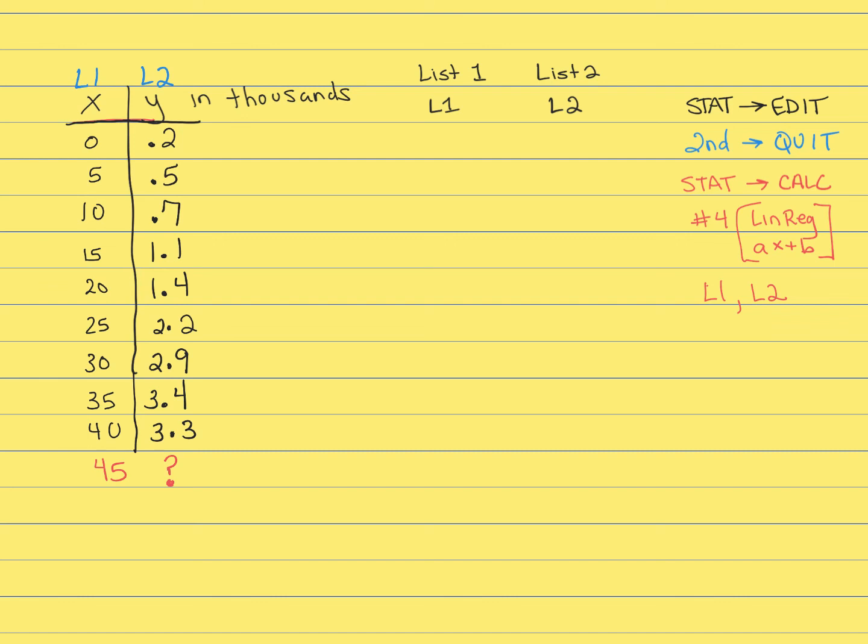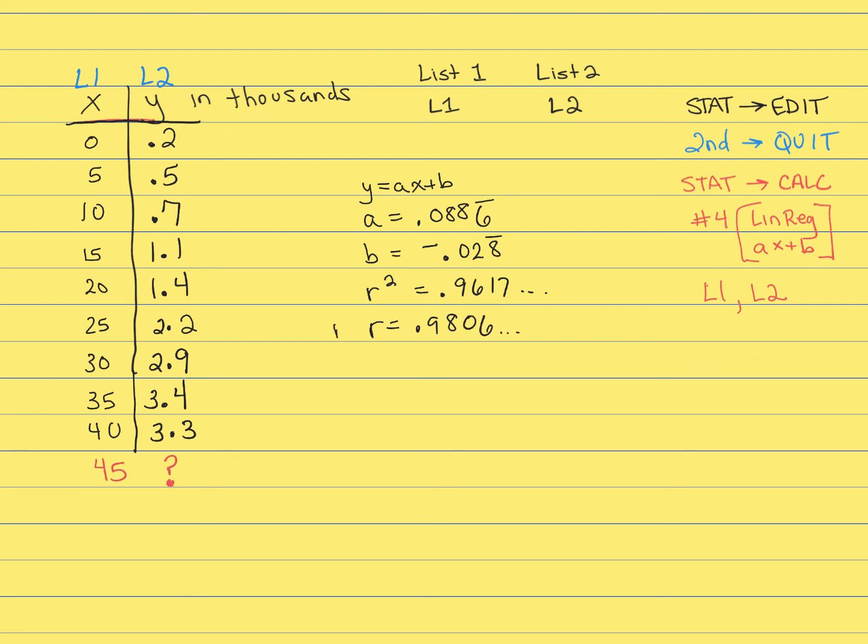Now, what shows up for me is y equals ax plus b, a equals 0.0886 repeating, b equals negative 0.028 repeating, r squared equals 0.9617 continuing, and r is 0.9806 and continuing.